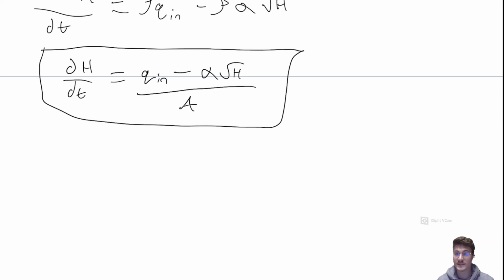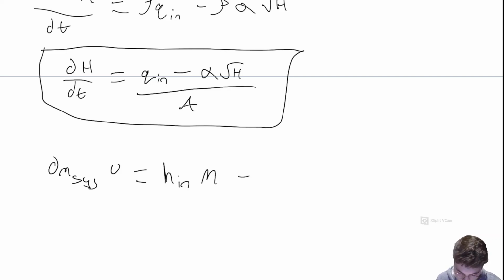So we can just completely simplify that down, and really what it's going to end up being is the change in mass of the system times the enthalpy of the entire system is going to be equal to the enthalpy going in times the mass, I believe, minus the enthalpy going out times the mass.